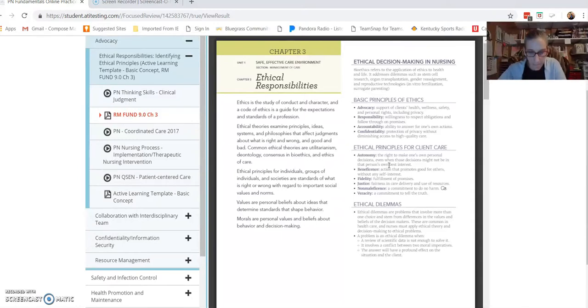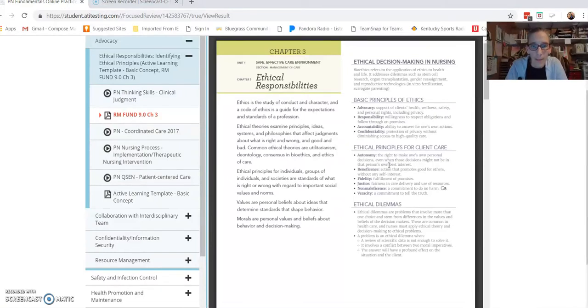So maybe, I think some of it, like if I were doing this, I would probably do something on autonomy. I know there were several questions on autonomy. So I may write out autonomy is the right to make one's own personal decisions, even when those decisions might not be in the person's own best interest.